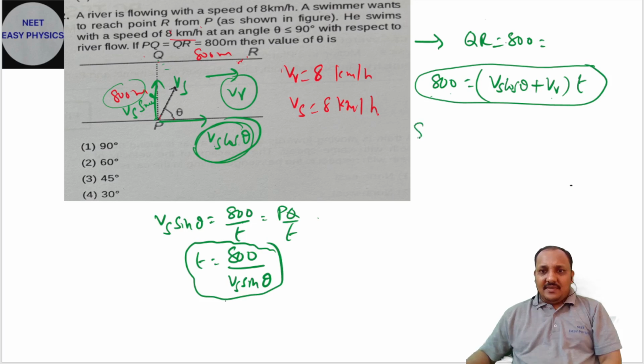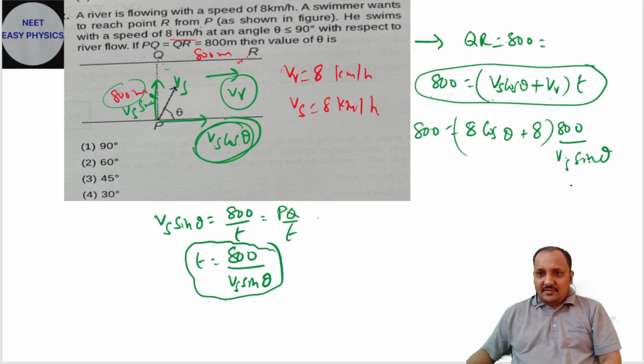Now 800 is equal to, what is Vs? 8 kilometer per hour cos theta. What is Vr? Velocity of river is also 8 kilometer per hour. What is time? 800 by Vs sin theta, correct? Now this 800 will be cancelled. This Vs sin theta you can write on the left side.